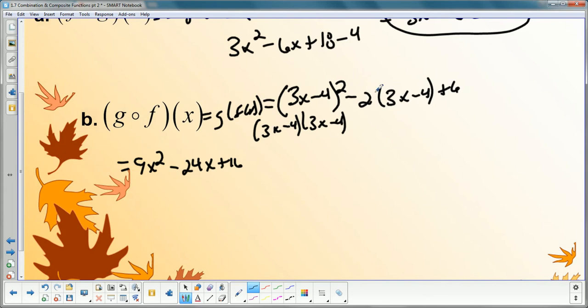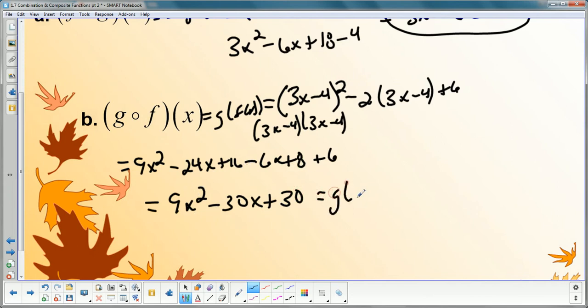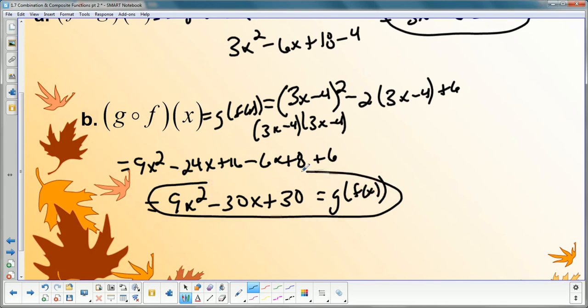And I'm going to distribute the negative 2 here, so minus 6x plus 8 plus 6. And simplifying things, 9x squared minus 30x plus, looks like 30. 16, 8, and 6 is 30. Yep. And so that would be g of f of x. Okay, we need to remember to take one function and plug it into the other.